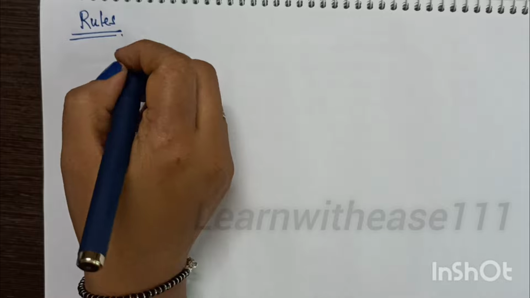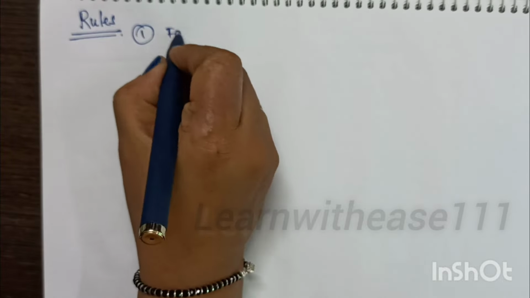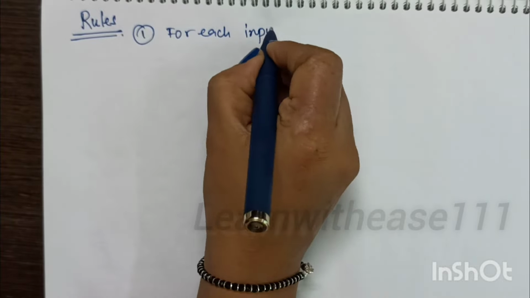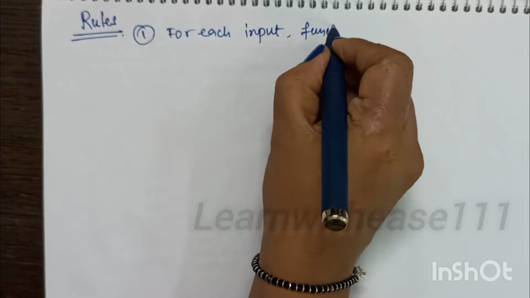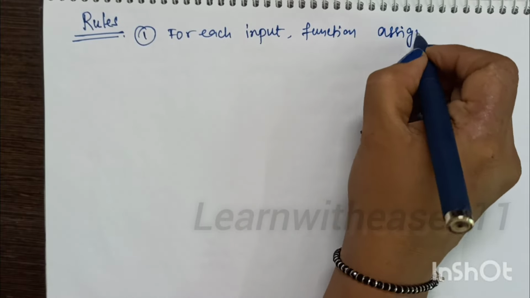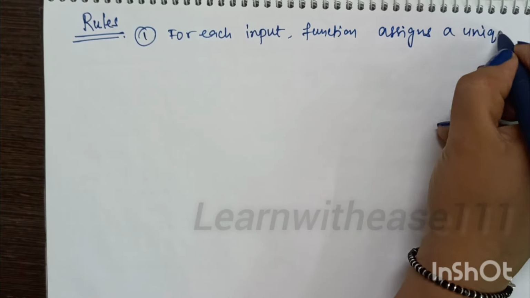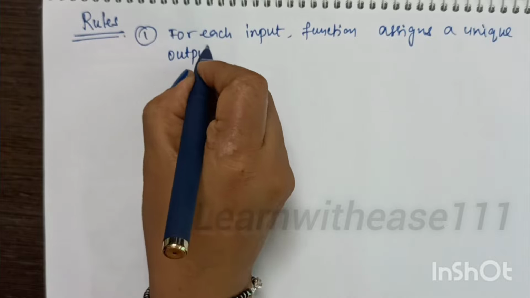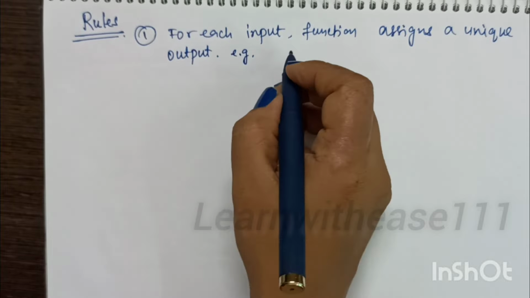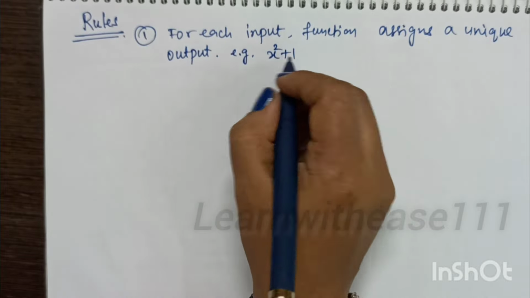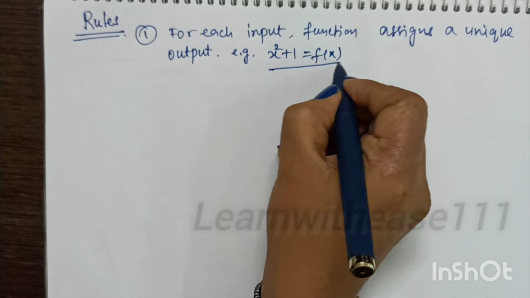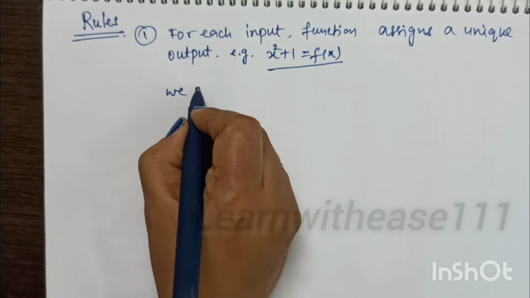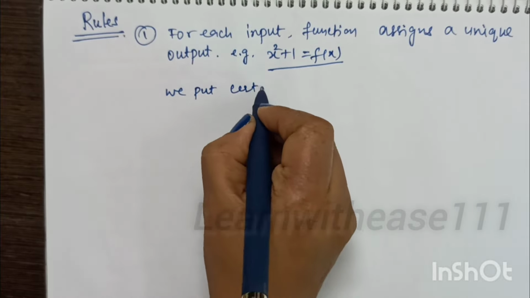So there are a few rules to define functions which we need to keep in mind before defining it. First of all, the first rule is that for each input the function assigns a unique output. There should be a unique output whenever we substitute the value of x in the function. Suppose here the function is x square plus 1.